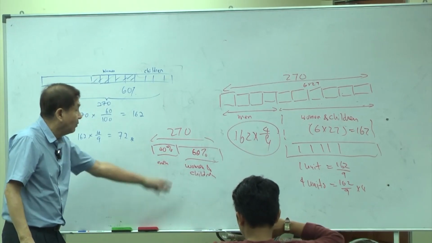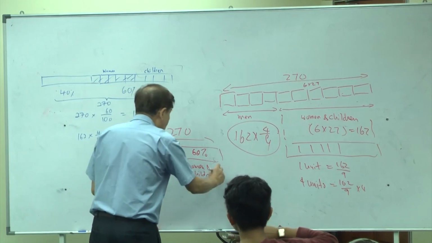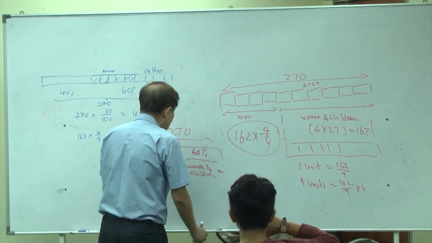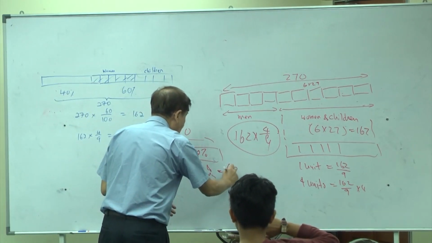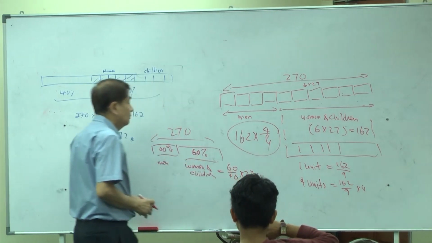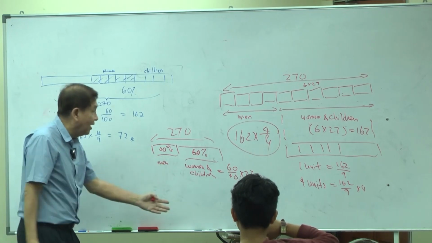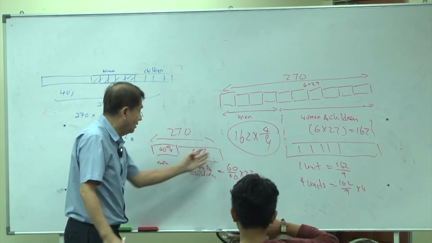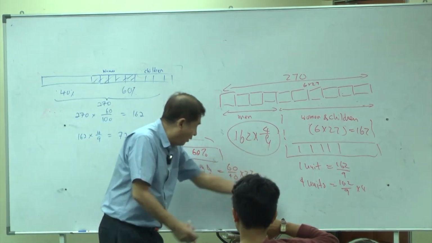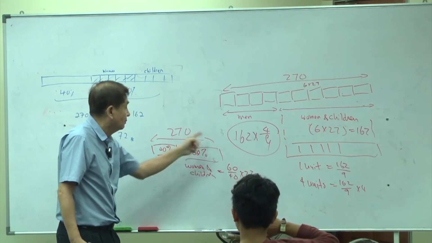And straight away, I know the number of women and children here, which is what? Number of women and children is equal to 60 over 40 times 270. Again, then from there, I would learn to distribute like what I'm doing here later on. Because I know the total number here, right?